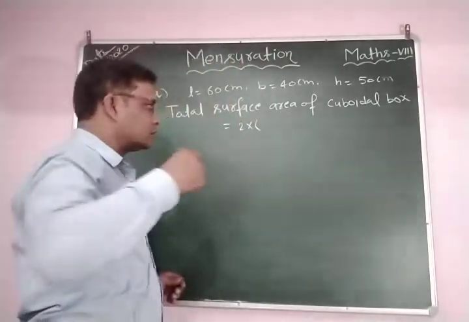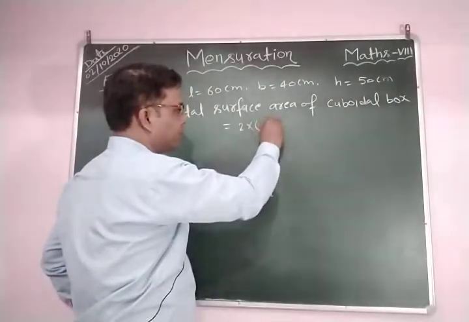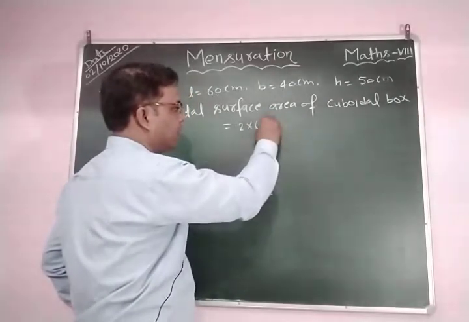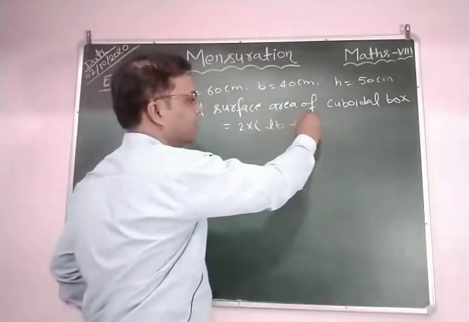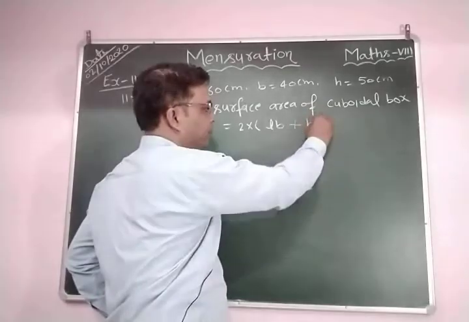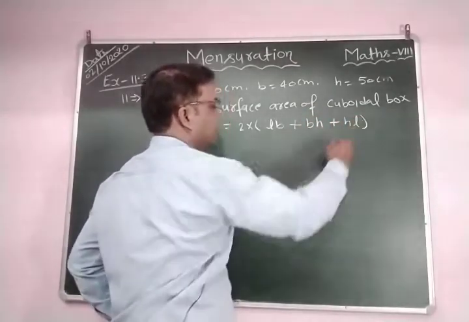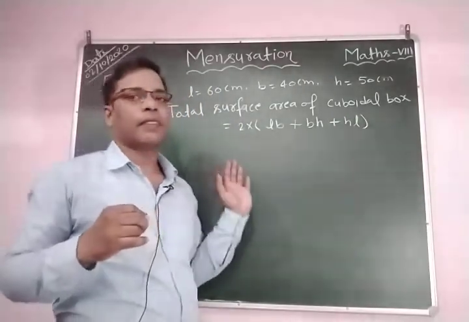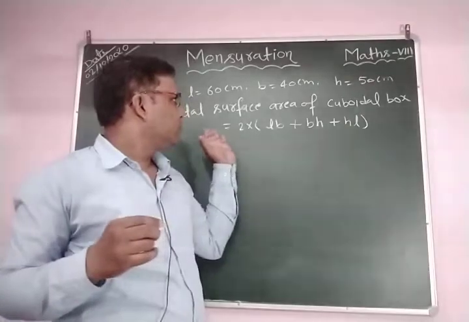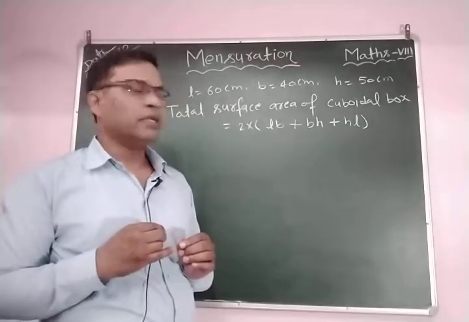So this is the formula: 2 into (length into breadth, plus breadth into height, plus height into length). In short, you can say TSA of the cuboidal box.